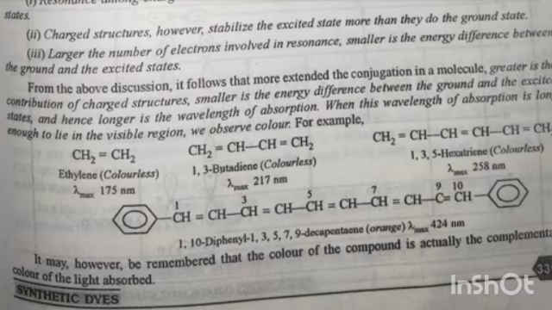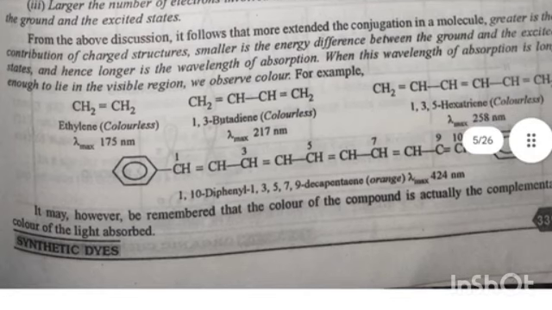From the above discussion, it follows that the more extended the conjugation in the molecule, the greater is the contribution of charged structures, the smaller is the energy difference between the ground state and the excited state, and hence the longer is the wavelength of absorption. When this wavelength of absorption is long enough to lie in the visible region, we observe color.